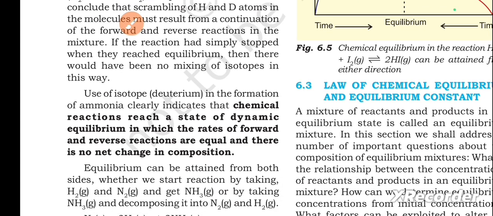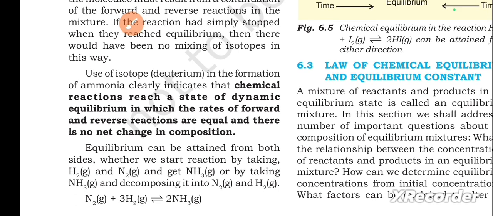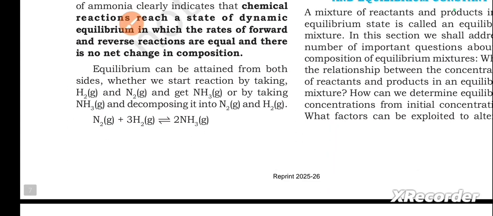Use of isotope deuterium in the formation of ammonia clearly indicates that chemical reactions reach a state of dynamic equilibrium in which the rates of forward and reverse reactions are equal and there is no net change in composition. Equilibrium can be attained from both sides, whether we start the reaction by taking H2 and N2 and get NH3, or by taking NH3 and decomposing it into N2 and H2.